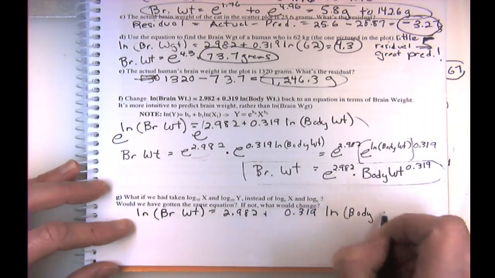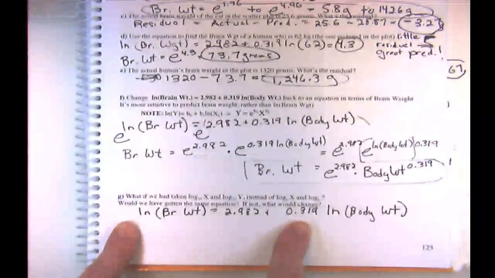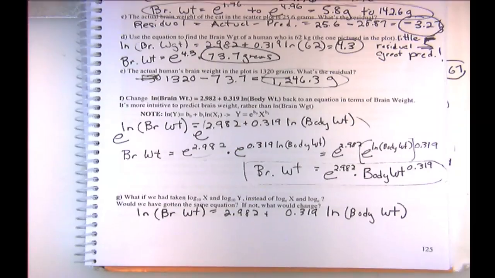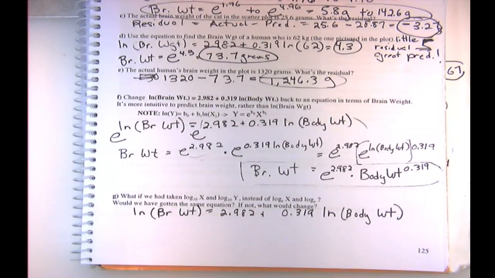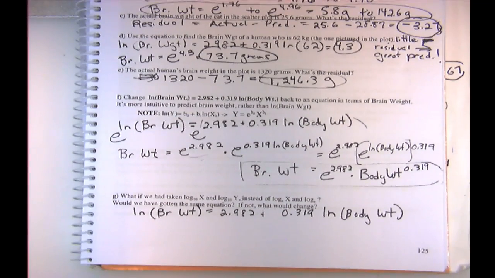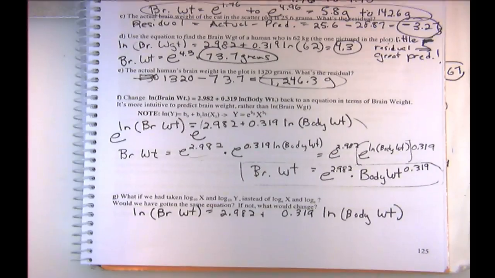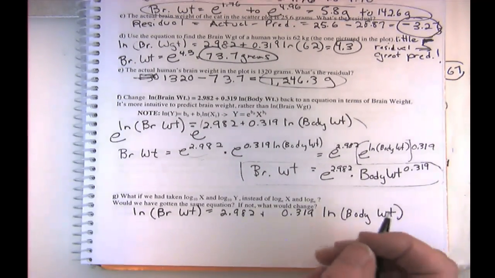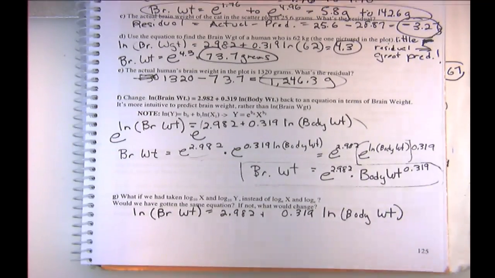Now what we have to do is look at the relationship between log base 10 and the natural log. Where's my calculator? I know this, but I wanted to show it to you, but I can't find my calculator, so I'll just tell you. Do you know what the natural log of 10 is?